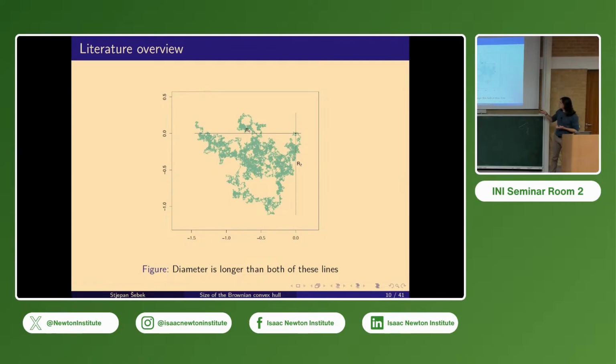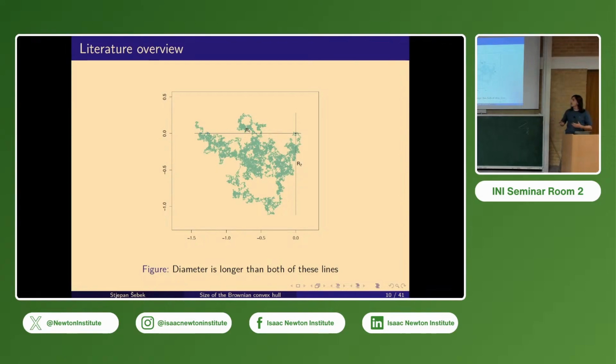So when we connect those 2 points, we will have a segment of length at least R1 somewhere here. It will be even longer, and there will be a segment of length at least R2 in this direction. So for sure, our diameter will be bigger than both R1 and R2.